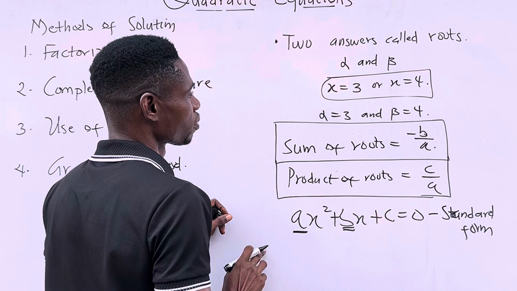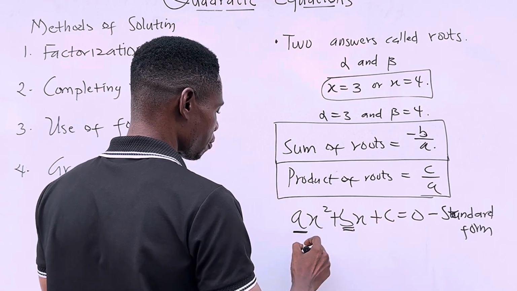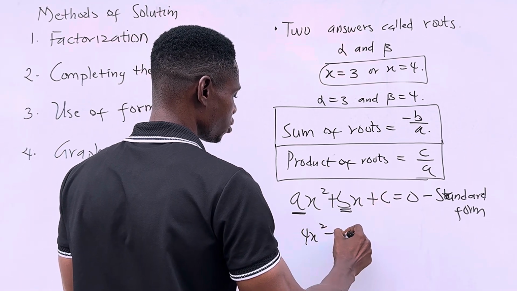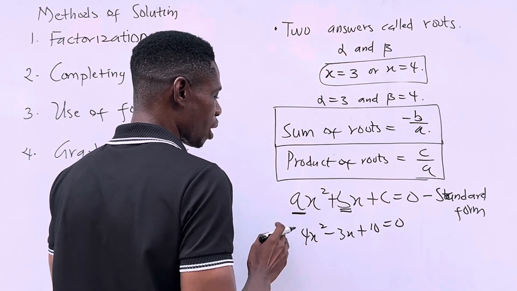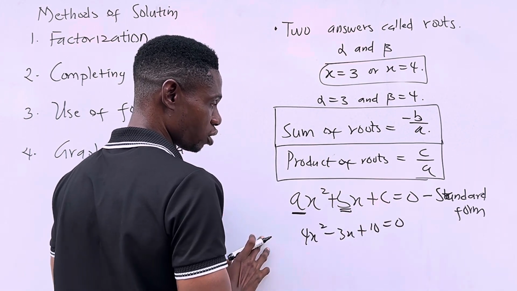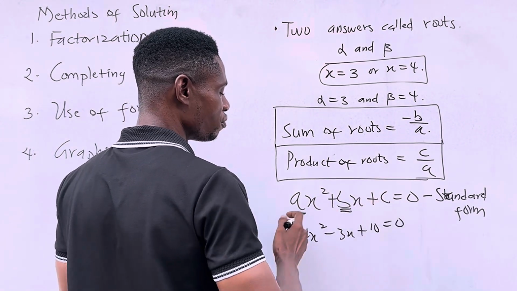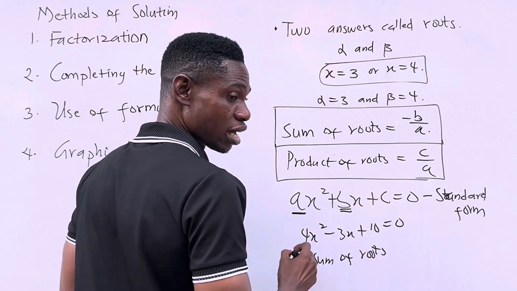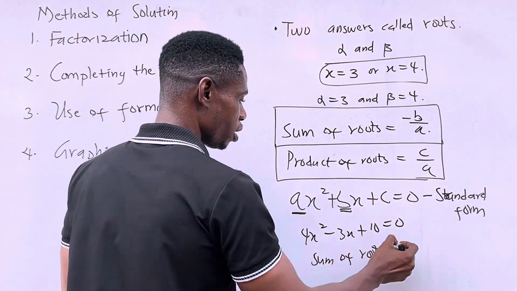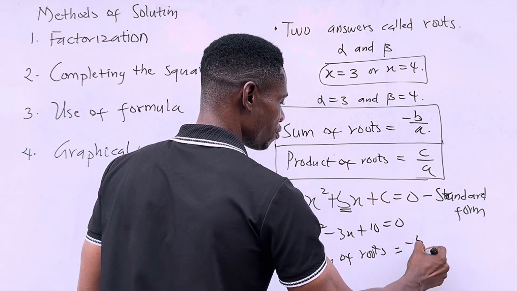So for example, if we have an equation, say 4x squared minus 3x plus 10 equal 0. Now we've not solved to get the roots of the equation, but rest assured that the sum of the roots will be equal to minus b over a.